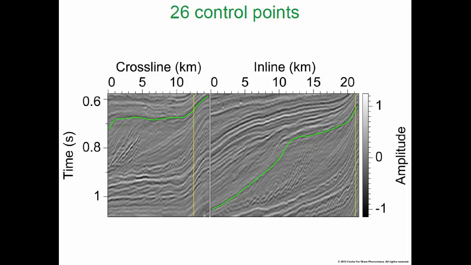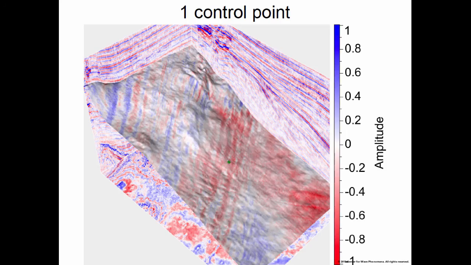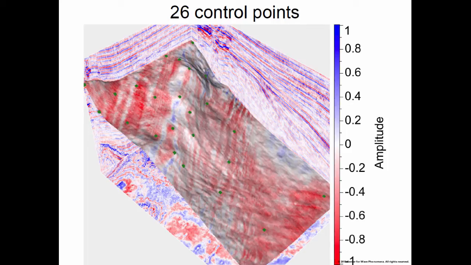By using three control points, we get a much better surface which aligns with the correct sequence boundary in both its conformable and unconformable areas. Again, from a 3D view, this is a surface extracted by using one control point, and we bring this surface to the correct position by using 6 control points.